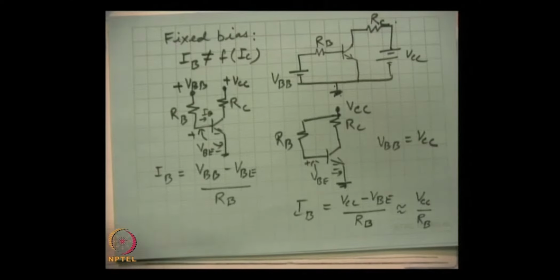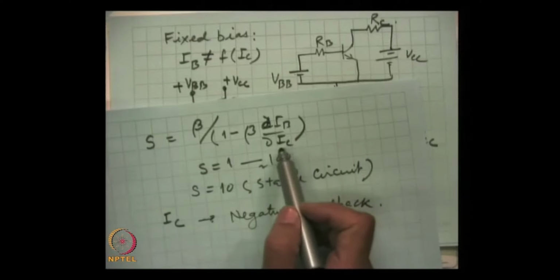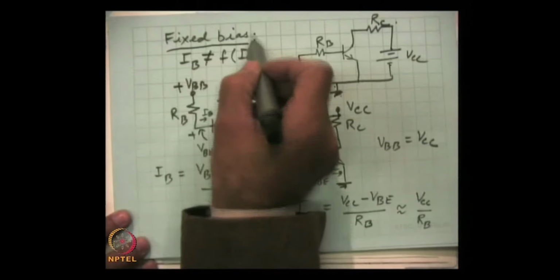So, IB is fixed, is constant, while we have seen that the stability requires that IB should be a function of IC, which is not here. That is why it is called fixed bias.